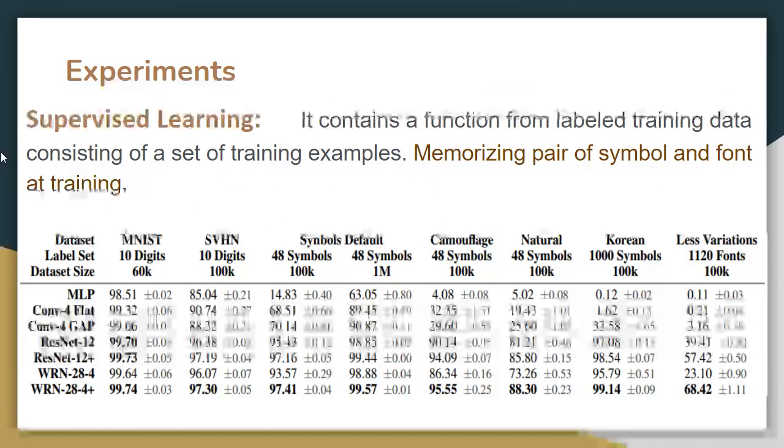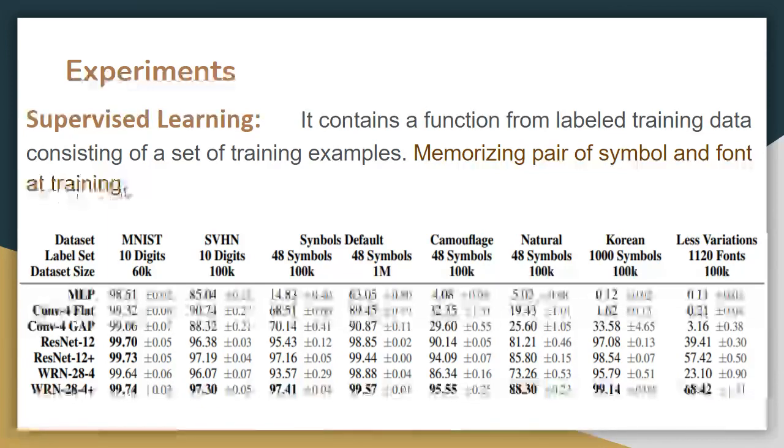Experiments. They have used supervised learning, which learns a function from labeled training data consisting of a set of training examples. The goal is memorizing a pair of symbol and font at training time, meaning the pair of label and font is known at the training time.